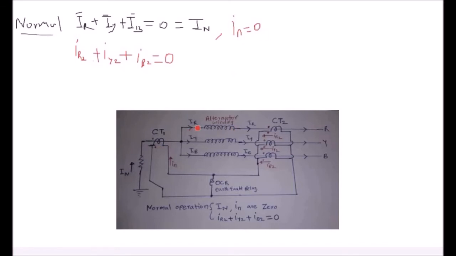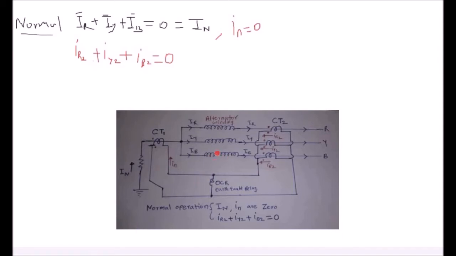Also, the same currents IR, IY and IB are flowing in the CT2 set. Therefore, the respective secondary output phasor sum of small IR2, small IY2 and small IB2 is also equal to 0, and therefore under normal operating conditions 0 current is flowing through the earth fault relay. Therefore, the relay will not operate under normal operating conditions.